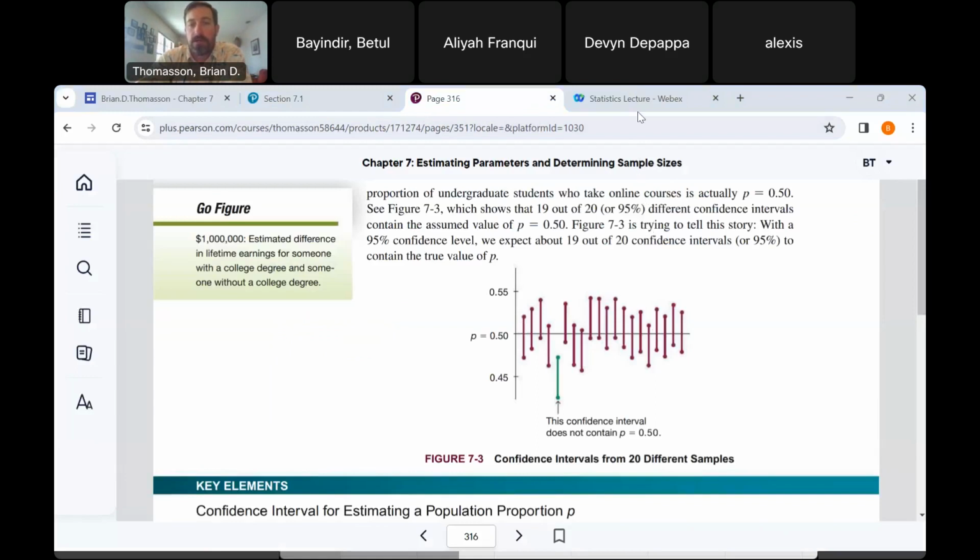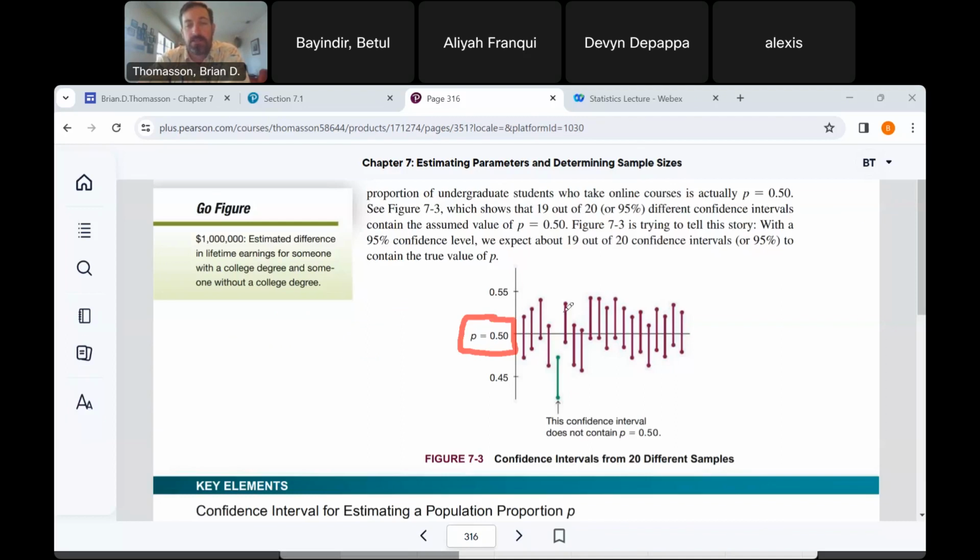What we're trying to do is estimate the population proportion p. We generally don't know what that is. In this case, they tell us that p is equal to 50%. If we knew what p was, it would be silly to estimate it. So this is kind of unrealistic, but let's just pretend we had a magic wand and we know the true value of p.